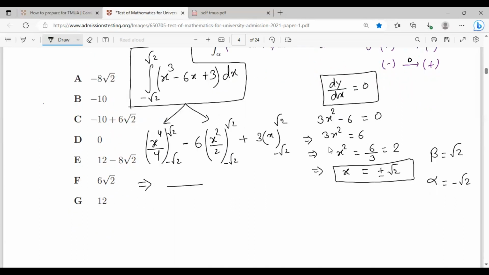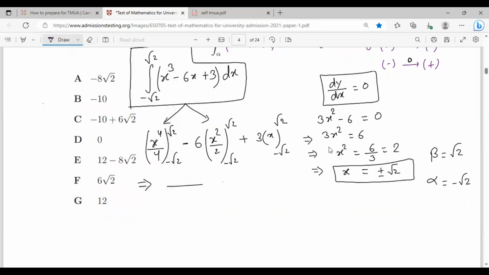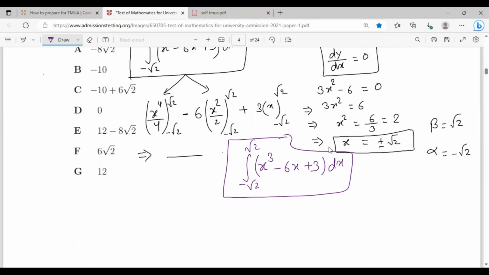Now let us see the other way. My integration was from minus root 2 to root 2 of x cube minus 6x plus 3 dx. As we know, a property of definite integration is that if f(x) is an odd function, then the integration from minus a to a will be 0.